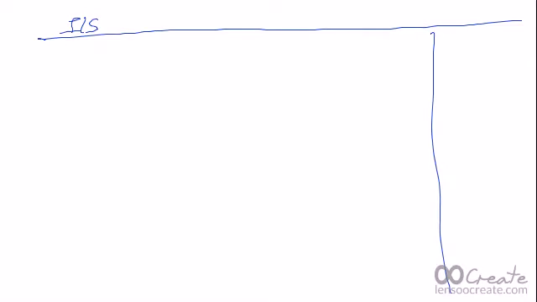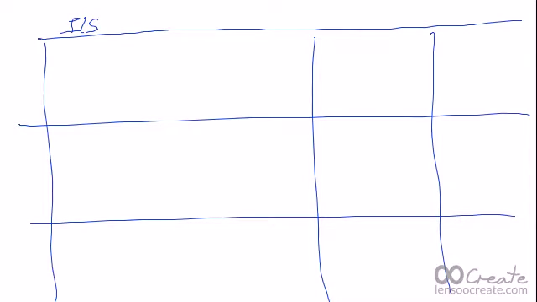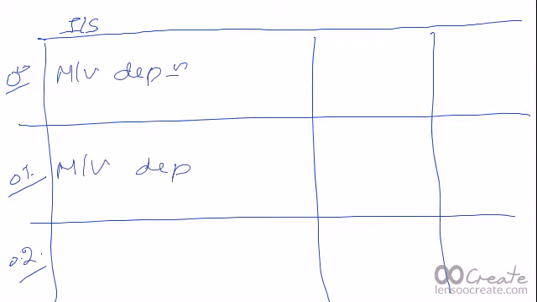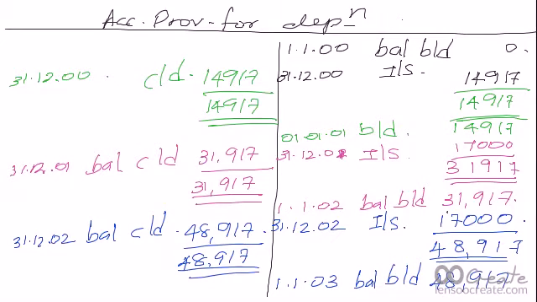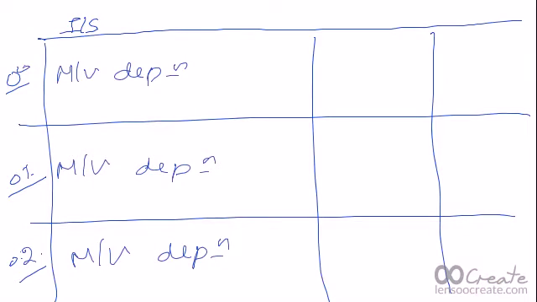Now let's see how to post this to an income statement. I'm classifying the income statement into 3 different years: 2000, 2001, 2002. Motor vehicle depreciation: for the year 2000, the motor vehicle depreciation to the income statement is 14,917.